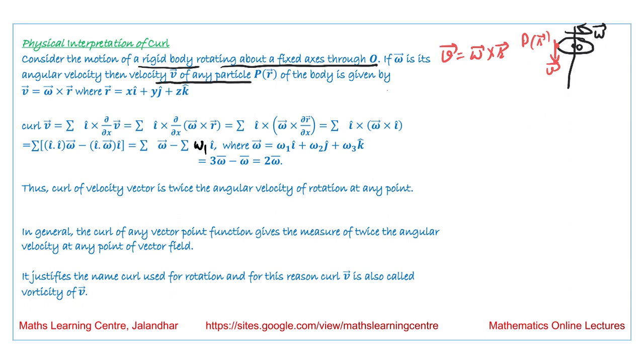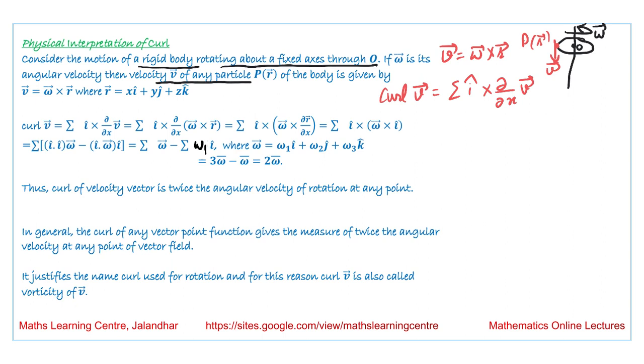Now if we calculate the value of curl of V vector, the answer we obtain is sigma i cap cross ∂V vector/∂x.